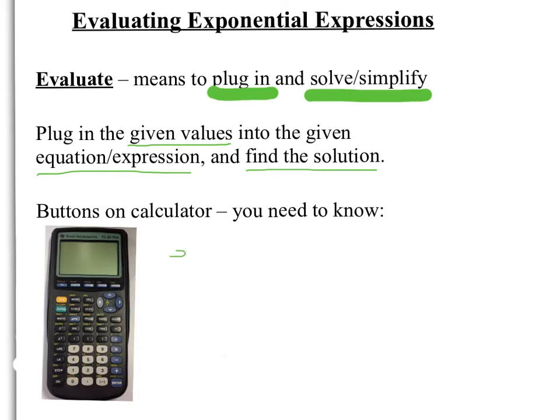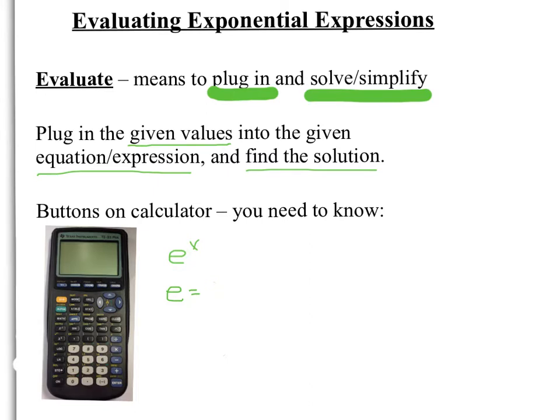the button E raised to the X is a new button that you guys are not familiar with. E is a value, kind of like pi equals 3.14159, so on and so forth.